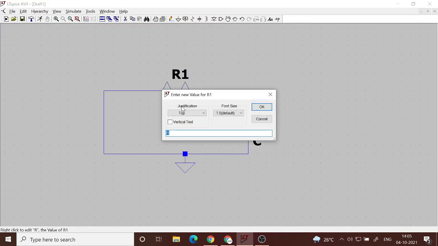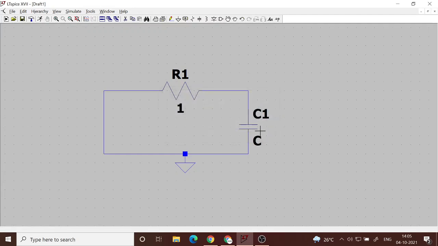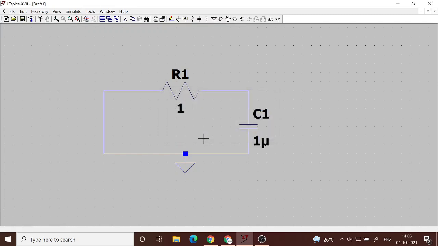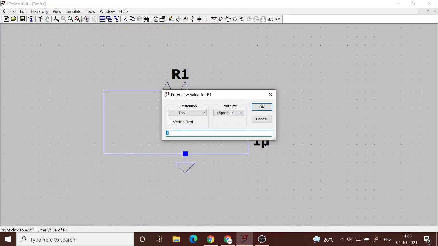And let's give some values for this, let's say 1 ohm, and then let's say 1 micro, some values I gave. Maybe I'll increase this resistance to say 1 kilo.